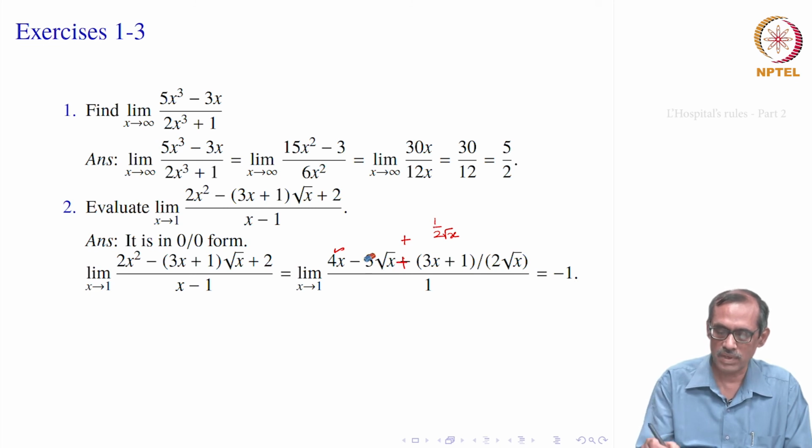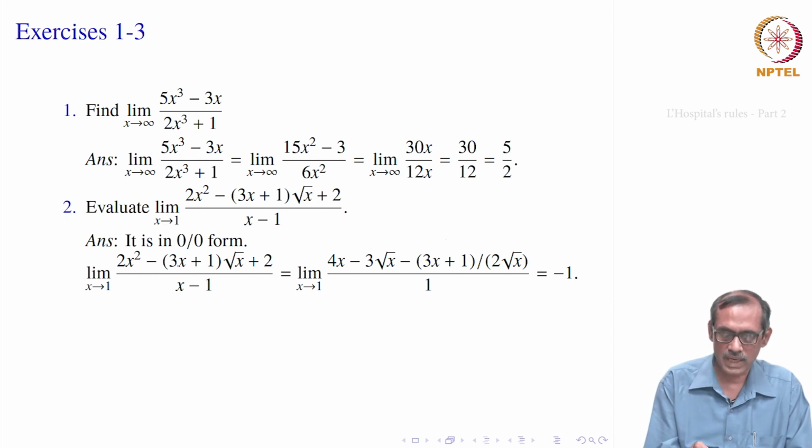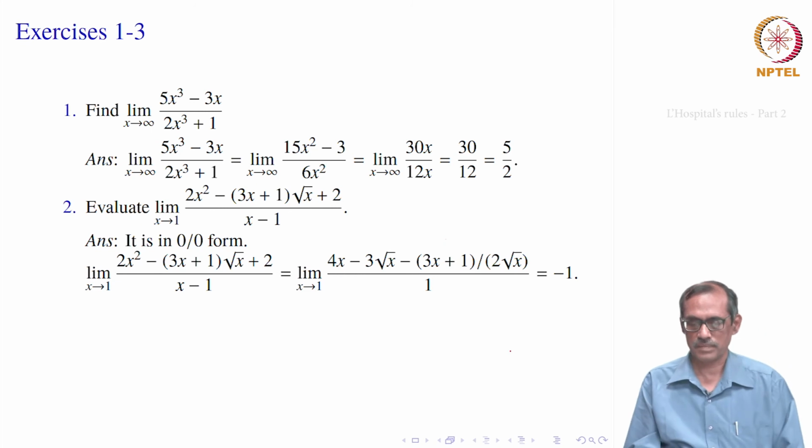So, once you have 3x plus 1 into root x, you have the product rule of differentiation. So, that gives 3x plus 1 derivative into root x and same sign is there, then 3x plus 1 into derivative of root x, that gives 1 by 2, it is correct.